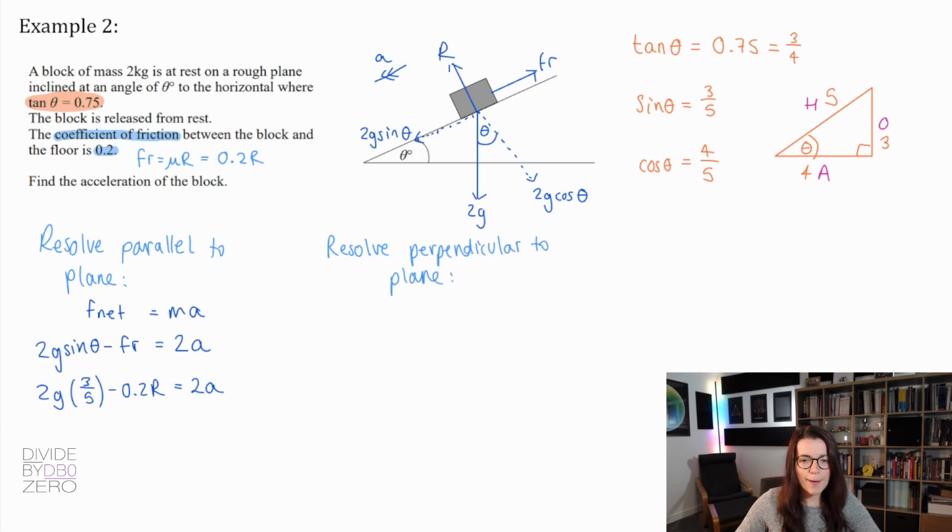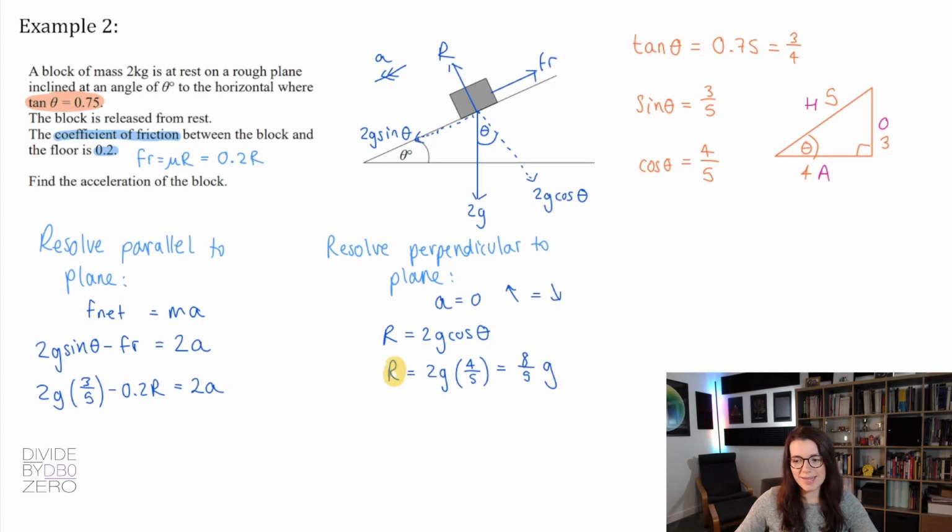Now, once again, in the perpendicular direction, there is no acceleration. The block isn't moving up away from the plane. So you can say that up will equal down in terms of the forces. So in this case, we've got R equals 2g cos theta. From earlier, we know what cos theta is. It's 4/5. So therefore, R is going to be equal to 8/5 g.